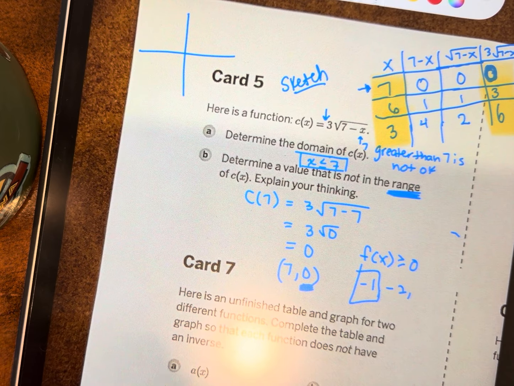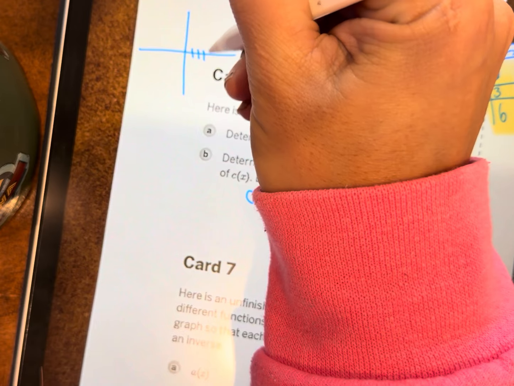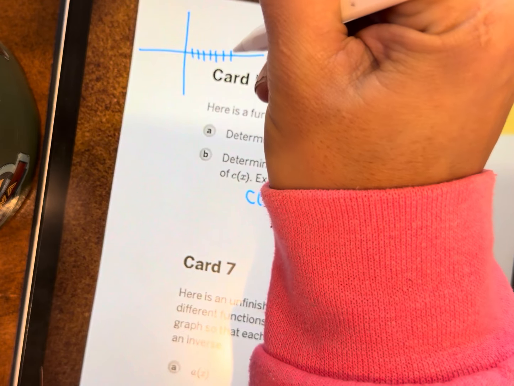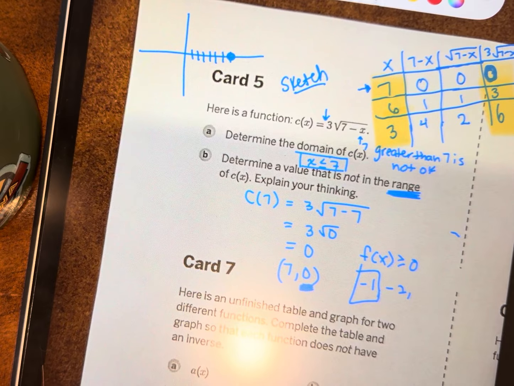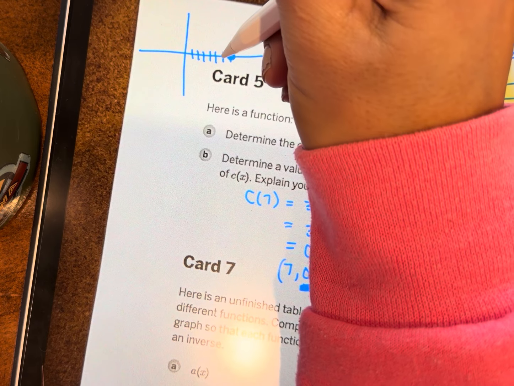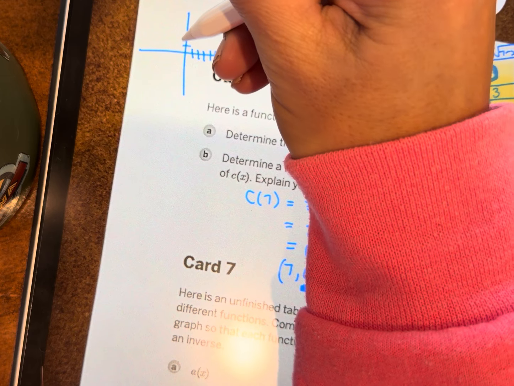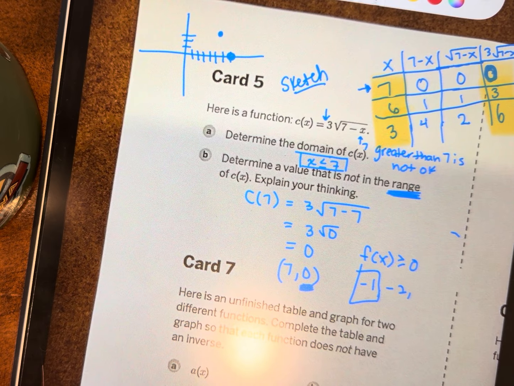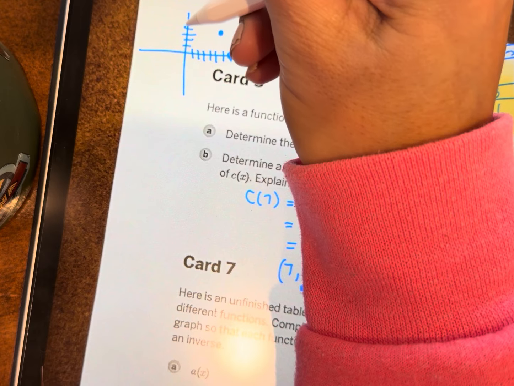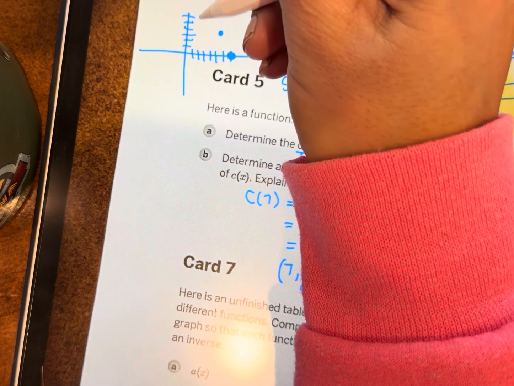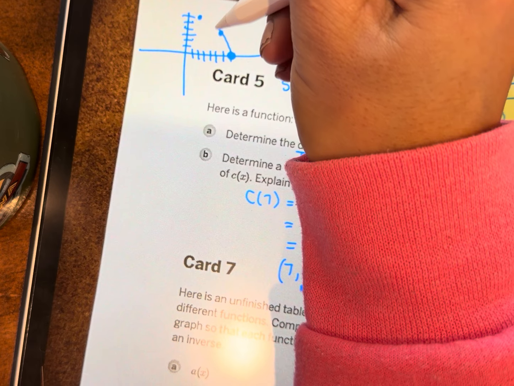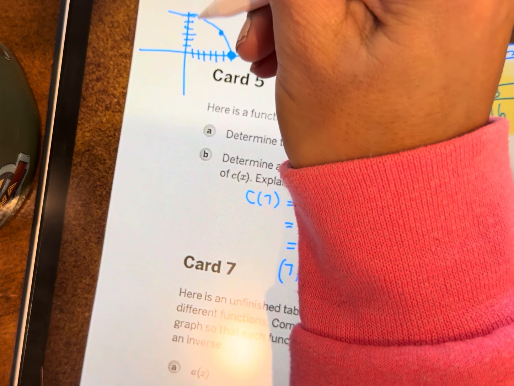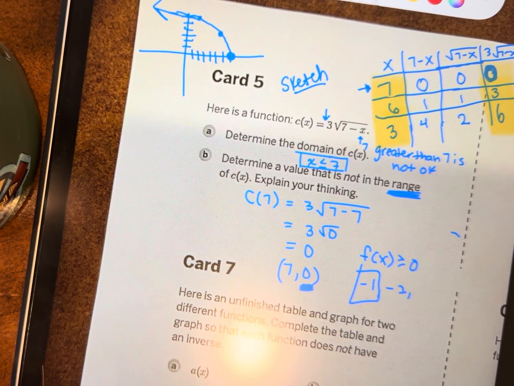So making a quick sketch, I have the points 7, 0. I have the point 6, 3. And I don't really even need the last point, but let's do it. 3, 6. Here's the square root function that I've got.